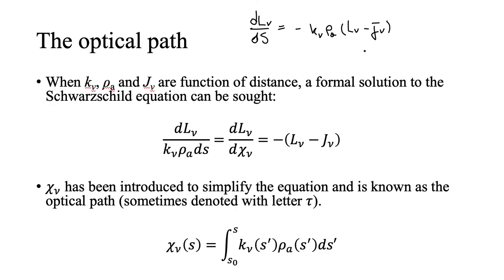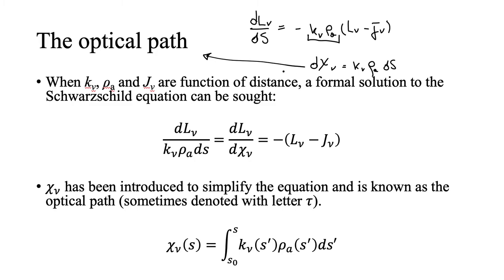So one might wonder, is there a way to absorb this k nu rho of s somewhere so that they just disappear? Well, you can divide by these and you obtain dL nu over k nu rho of s ds. Define a new quantity called chi nu, and this is defined such that the differential of chi nu is exactly k nu rho of s ds. This is what we call optical path.